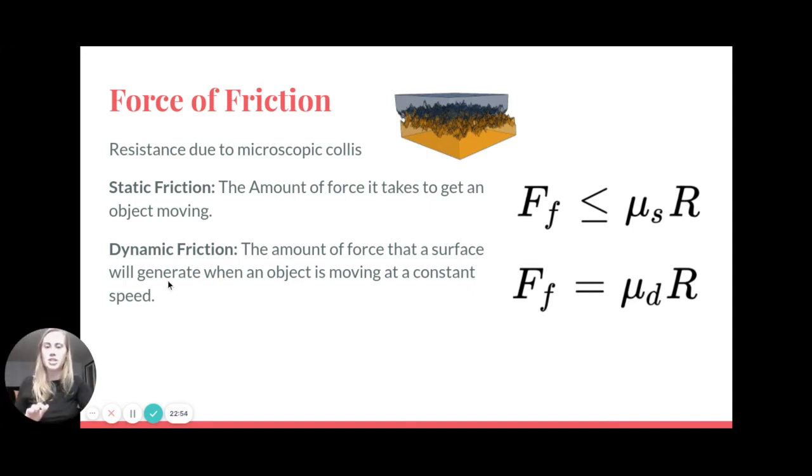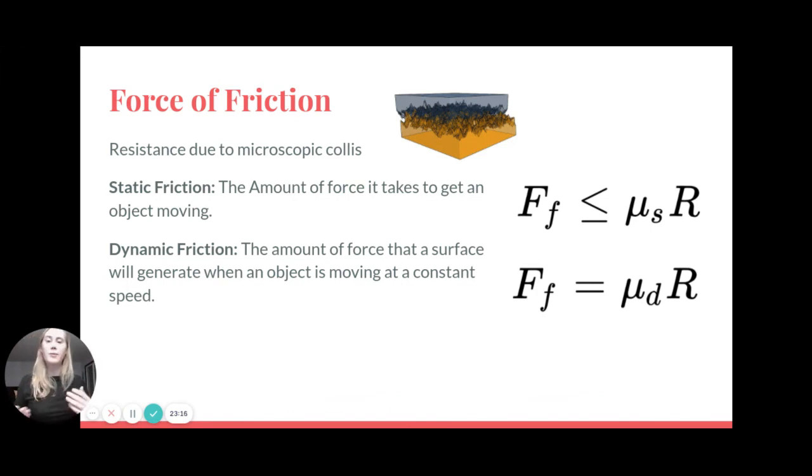Versus dynamic friction is the amount of force that will come by just random collisions of the peaks as they're brushing past each other. And the faster I go, actually, the less this might be an issue. But there's a kind of a maximum amount that I will get when the peaks are hitting each other because I can't get the surfaces to not touch due to that weight force.